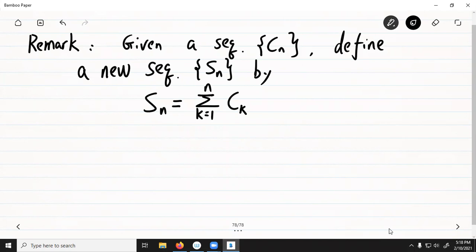Then we can form a new sequence S n. This S sub n is called the nth partial sum.